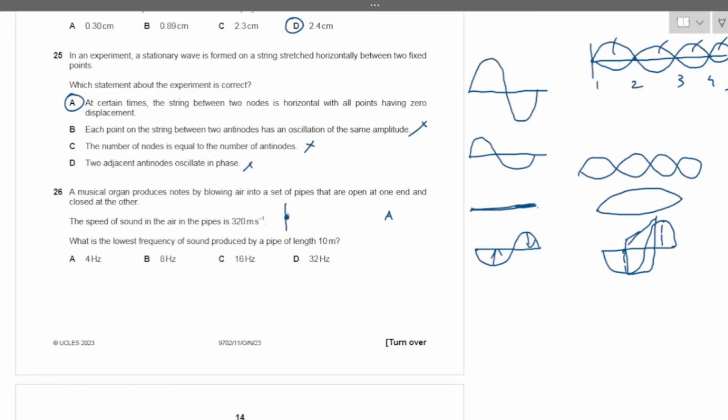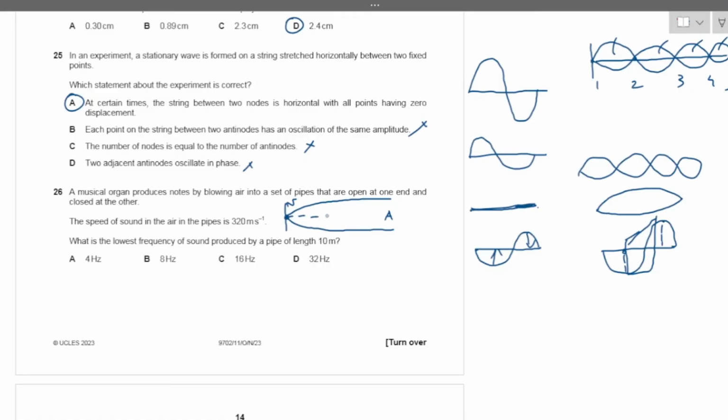So we have a fixed point, right? So sketch one like this. That would be one of the progressive waves forming the stationary wave. And then we have the other one that would go like this. That is the lowest possible stationary wave that you can form in the pipe. You cannot form any lower stationary wave than that. You can call it the fundamental stationary wave. So we formed it like this.